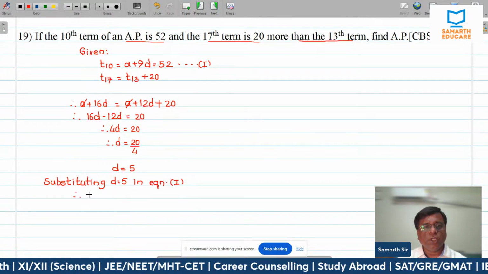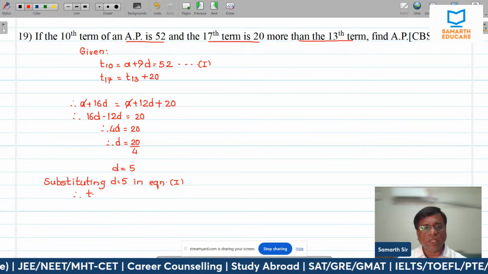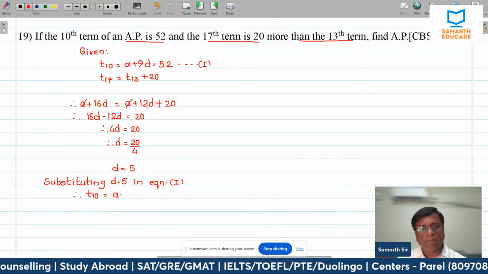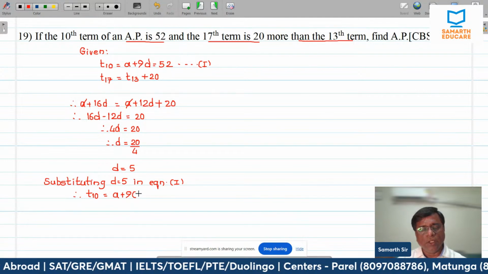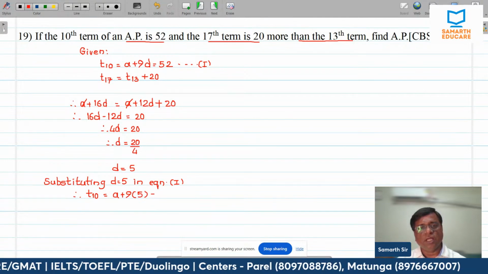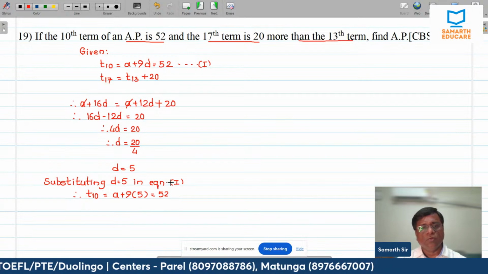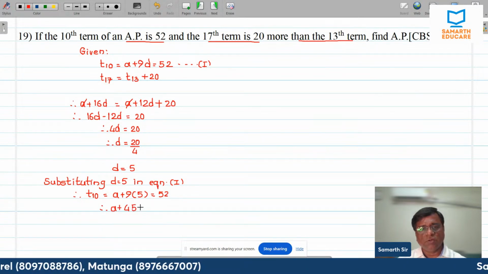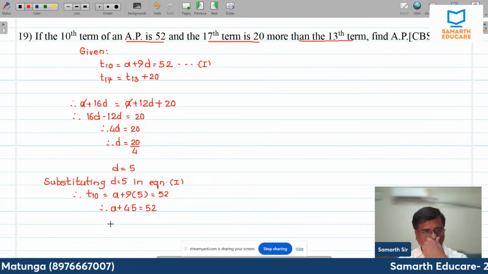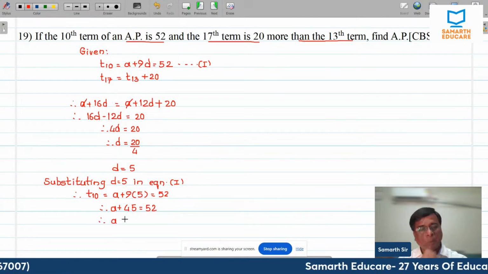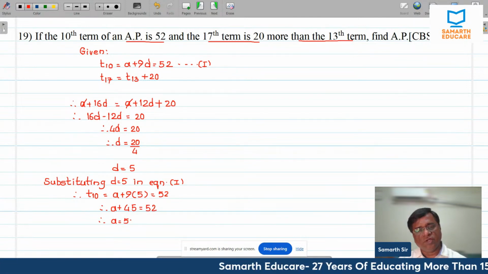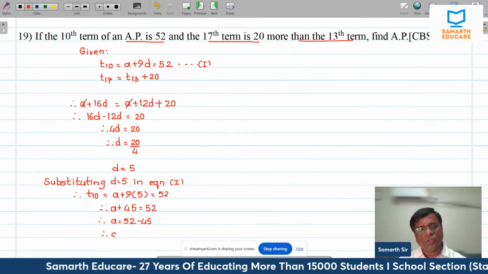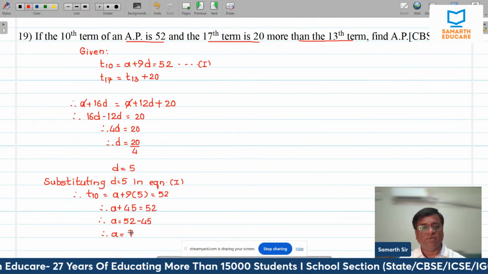So if I substitute in equation 1, that is T10 is equal to A plus 9 into D. What is the value of D? It is 5 and that is equal to 52. Right? So we have A plus 45 is equal to 52. We have A as 52 minus 45. So the value of A is 7.